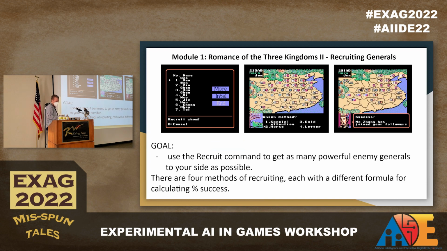So this is the first game I wrote modules for. I actually wrote 2 different modules. And this goal here is recruiting generals. There's a command that allows you to attempt to recruit an enemy general to your side. Each month, each general in the province can attempt to recruit an enemy general through one of 4 methods called special, horse, gold, or letter. Each of these methods uses a different formula to calculate your percent chance of success.